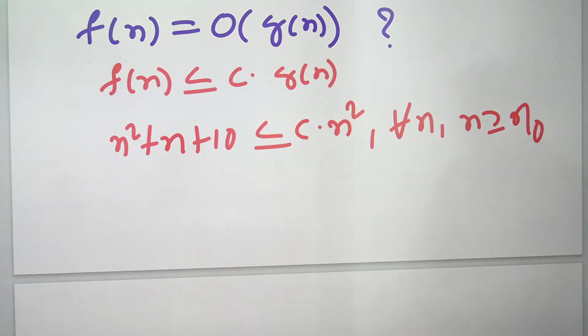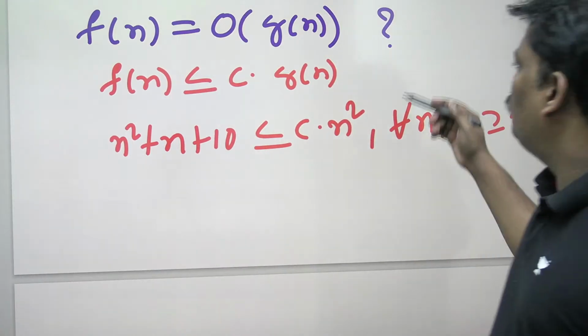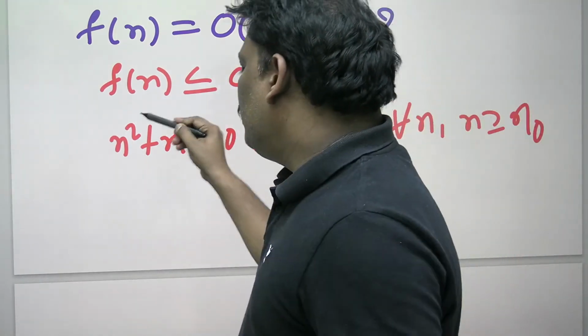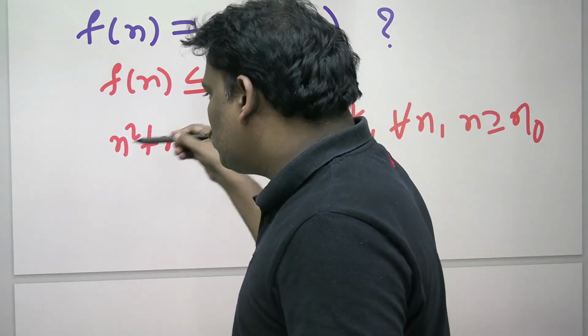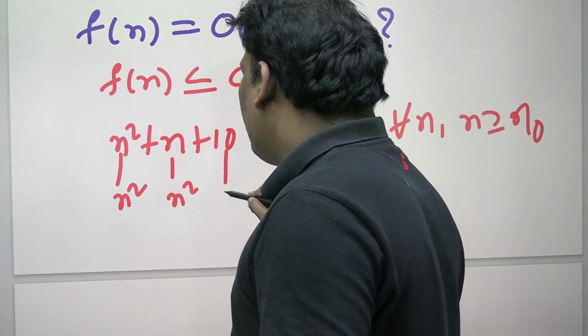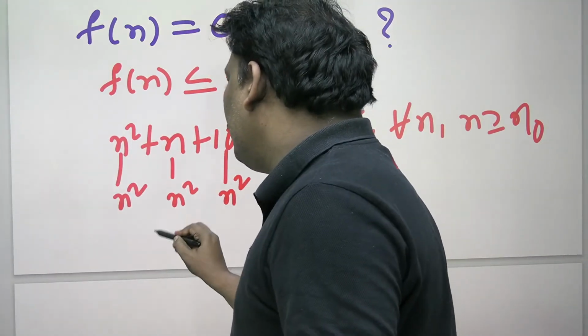Left is bigger, but I want to prove right is bigger with the help of c. Is it possible or not? Left is n square plus n plus 10, right is only n square. If you observe clearly, out of these three terms, n square, n, 10, if I take the bigger one everywhere, it becomes 3n square.